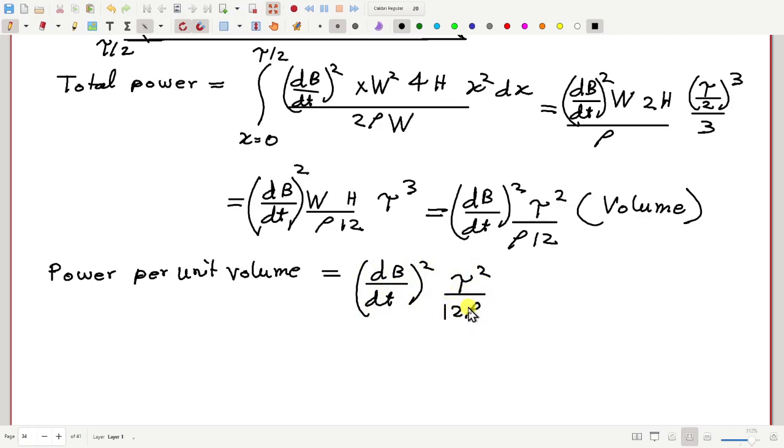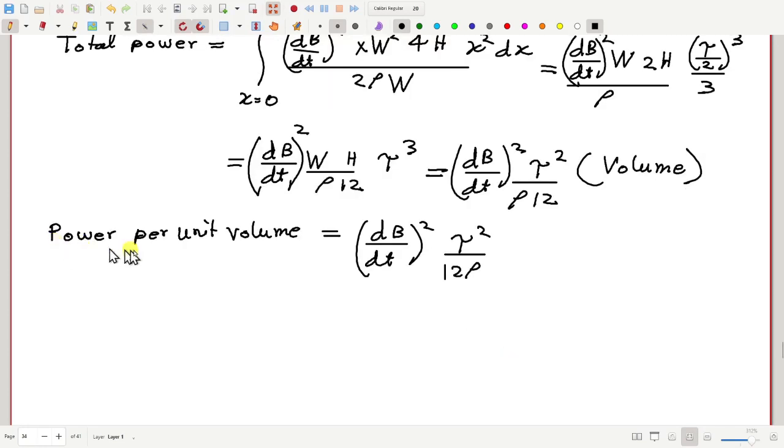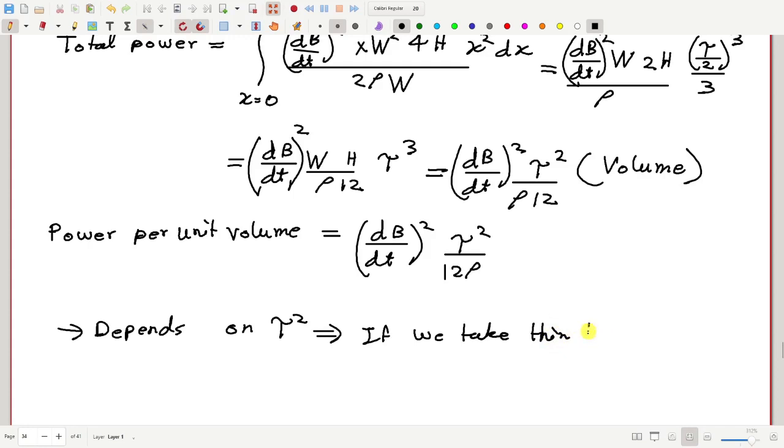Now one thing you notice is that this depends on tau square, the thickness of the lamination. So if we take thin lamination, we will have low power loss. That is one observation. Secondly, what is this rho?